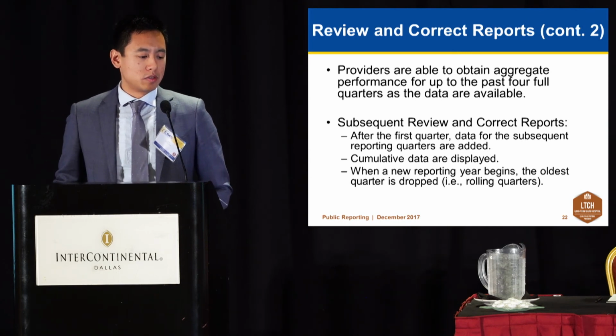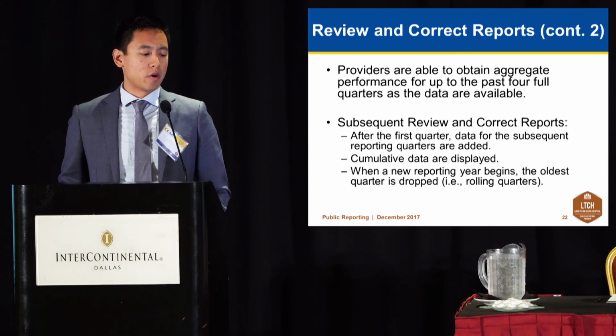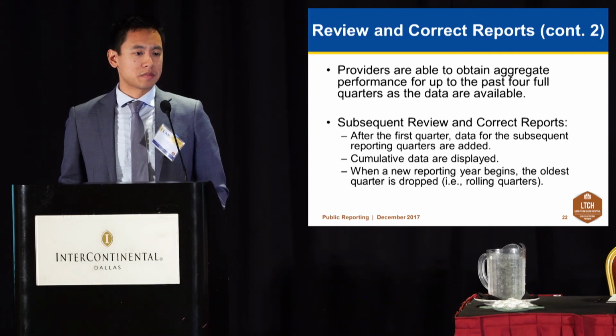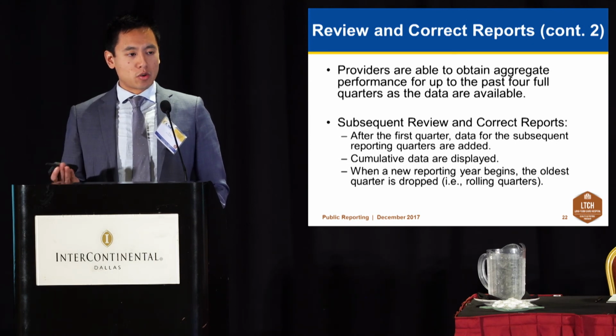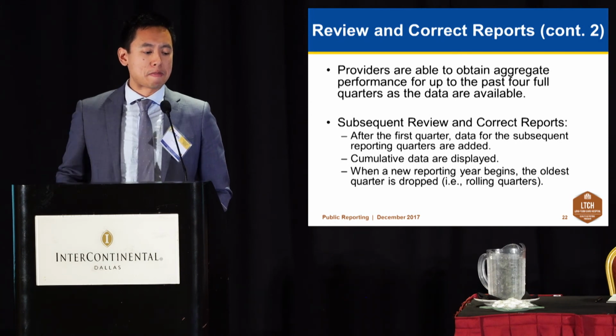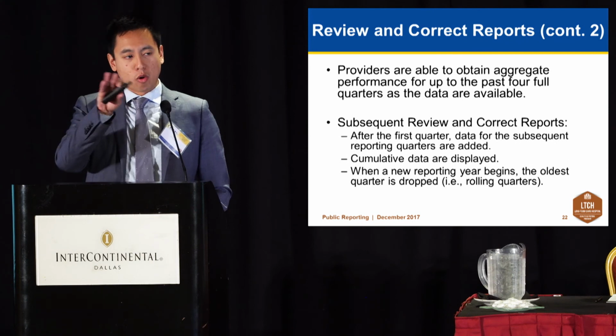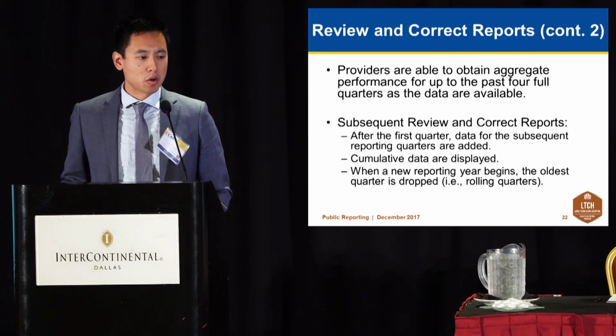So providers are able to obtain aggregate performance for up to the past 4 full quarters as the data are available. As I said before, once the Q4 2017 reports are available, you'll be able to see the 4 full quarters by quarter, and you'll see an aggregate performance below that.